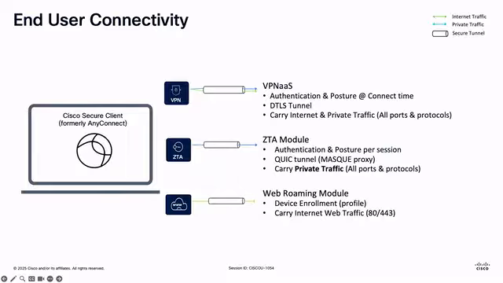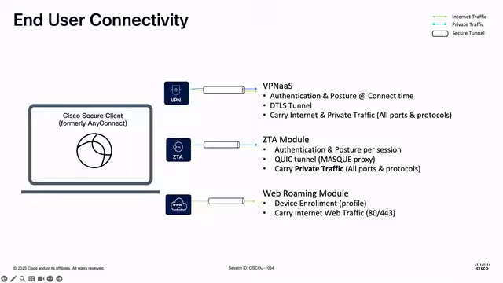Here are some additional details about the end user connectivity that we have touched upon. The VPN, as an example, uses DTLS. That's DTLS over UDP. And one thing to point out is that that is capable of carrying both internet and private traffic. So all ports and protocols are supported. The ZTNA module is a more efficient way of allowing users to connect to private applications than using the traditional VPN approach.